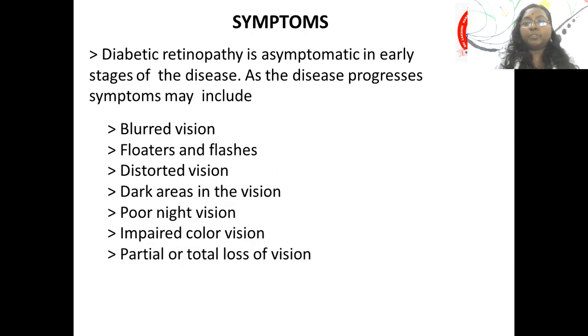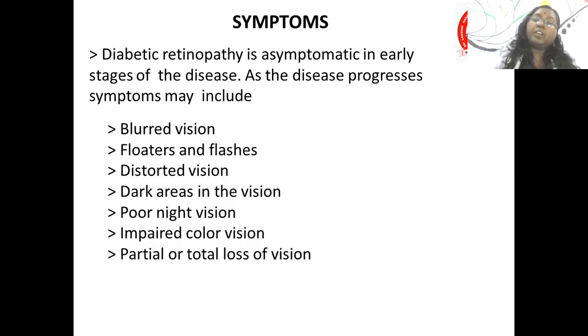What are the symptoms of a diabetic retinopathy patient? In the early stages, the patient is mostly asymptomatic. As the disease progresses, it can lead to cataract formation, dot and blot hemorrhages, and vitreous hemorrhages.